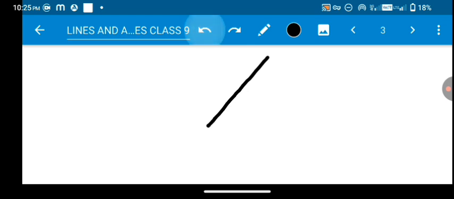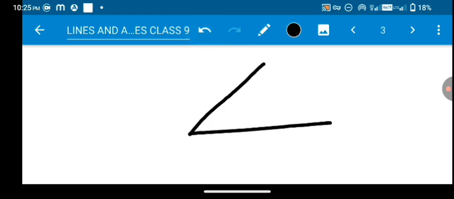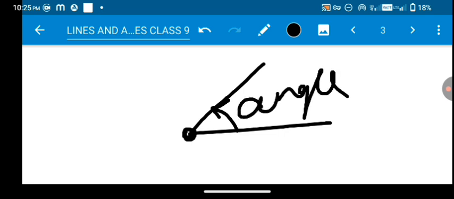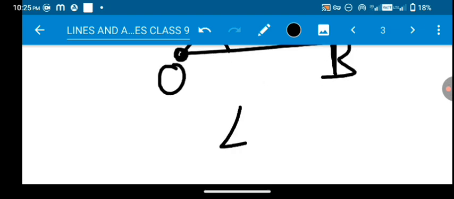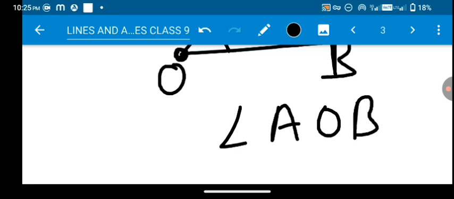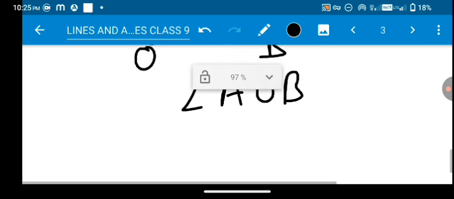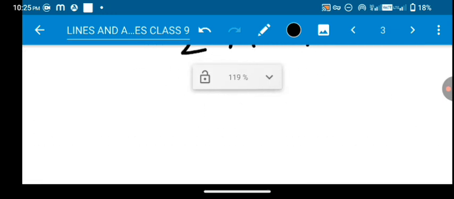Here the angle forms. Suppose I have written angle AOB. So there are many types of angles.